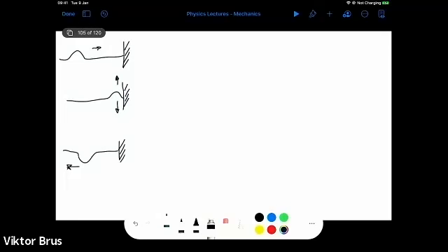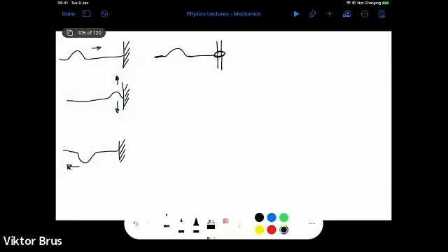So let us consider another option. We also have a string with some pulse moving along it, and it is fixed to a ring which can slide up and down on some pipe.